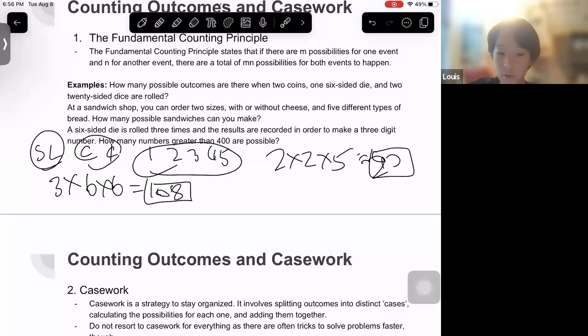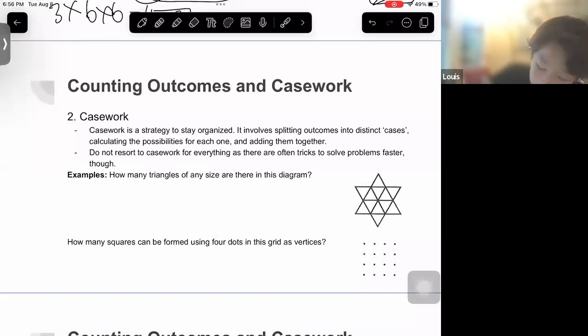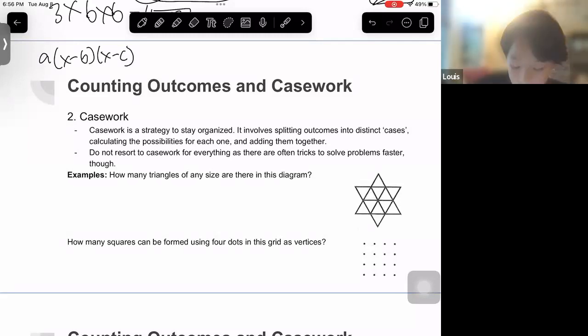Okay. So if no questions, then that would be it for today. And also for the homework, I'll post it later. And remember to read the problem carefully. For the homework, we had you answer in the form A times x minus b times x minus c, where b is greater than c.